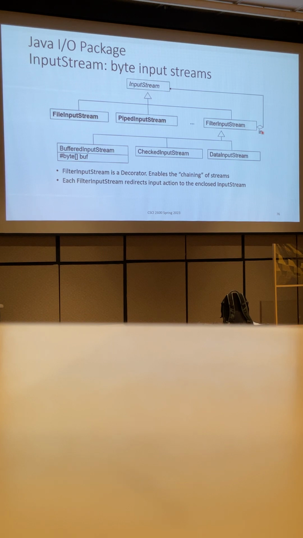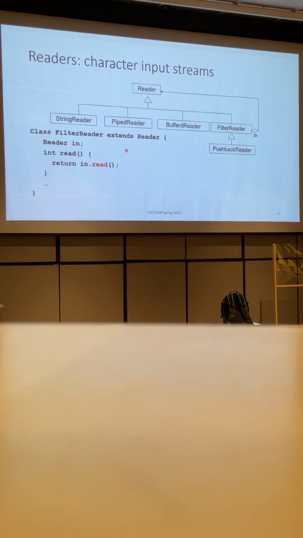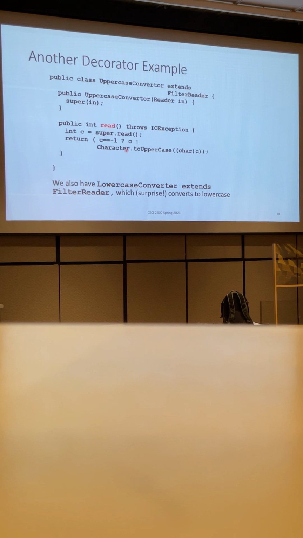You can create a buffered input stream and pass an underlying stream to it. So you would write new buffered input stream and then new some other type of stream. This is very common, like that. Readers with character input streams are very common in Java I/O.